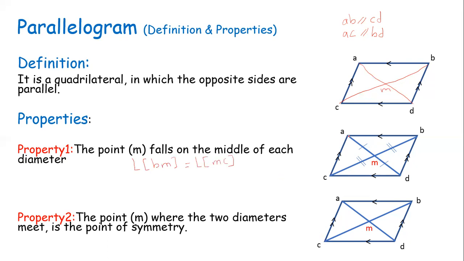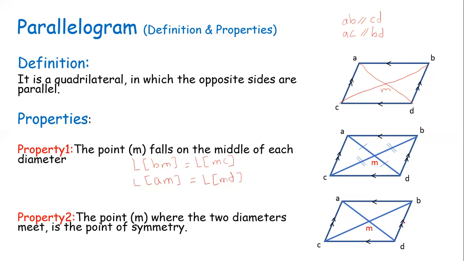Similarly, it splits the diameter AD into two parts that have equal lengths, and we can write this as the length of AM is equal to the length of MD. We call the point M the point of symmetry of the parallelogram.